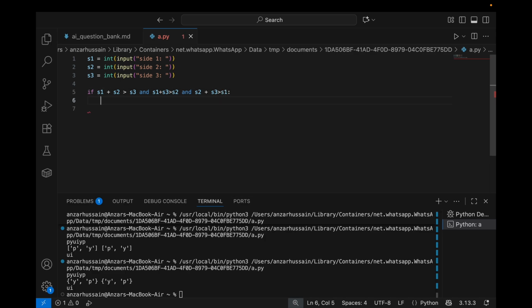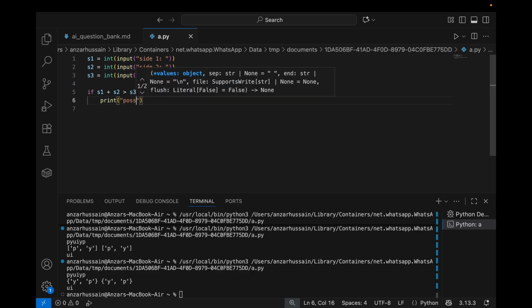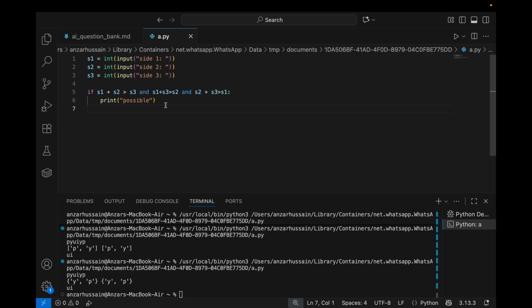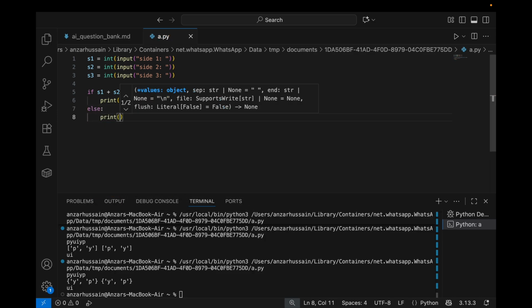If all of those three are greater than the other side, like every possible pair is greater than the third side, so what you will say here is print possible, otherwise what you will say is not possible. So I will say else print, and here I will say not possible.